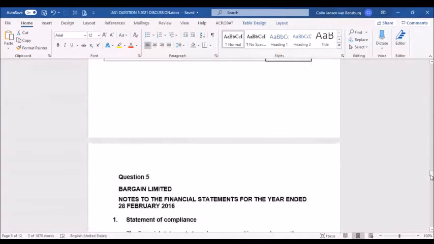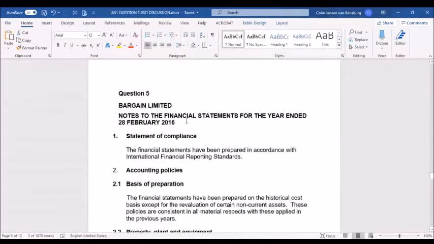It'll come just after our statement of financial position. Then our very first note is titled statement of compliance. So the positive statement, ladies and gentlemen, we say the financial statements or the annual financial statements have been prepared, or you can use a different verb if you wish, have been drafted or have been drawn up, something that describes what you have done.